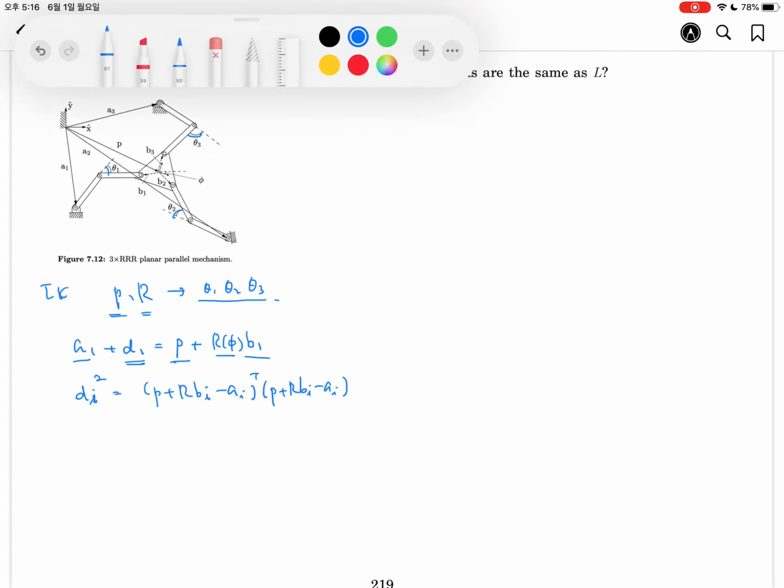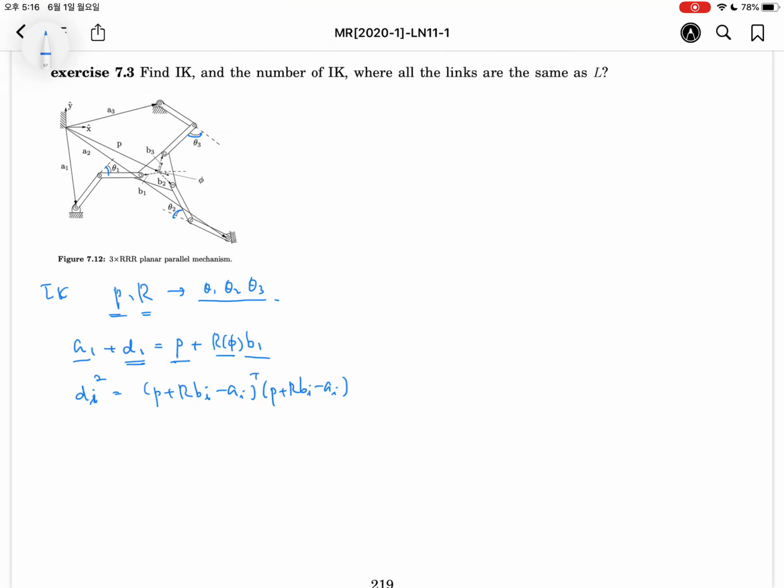We can find the magnitude of D1 in a very easy way. So this is the D1. Let's consider this triangle.